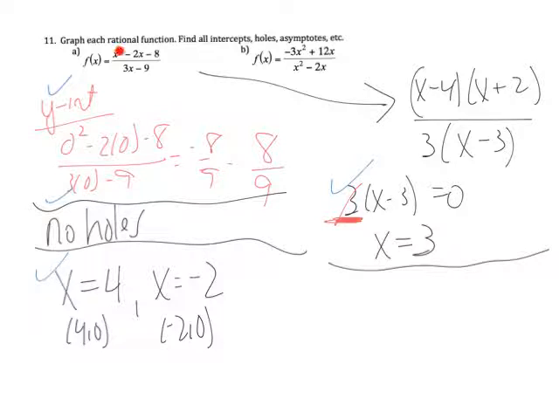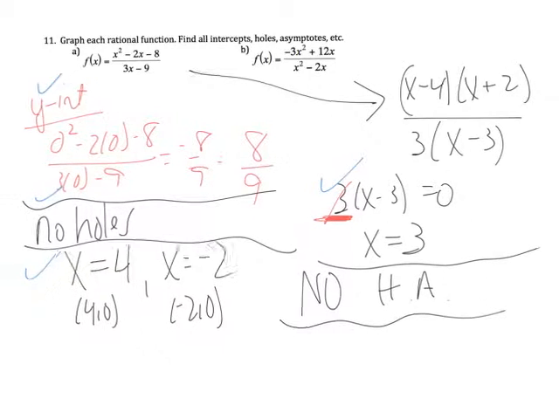If the numerator degree is less than the denominator, then y equals 0 is your horizontal asymptote. If the degree of the numerator is 1 greater than the degree of the denominator, then not only do we not have horizontal asymptotes, we also have a slant asymptote, because it is exactly 1 greater.